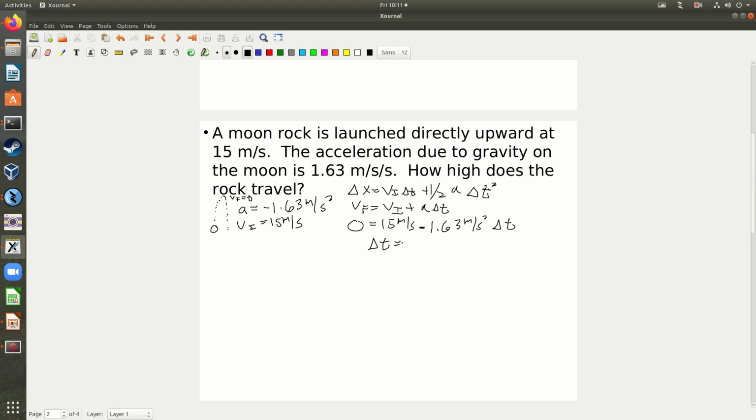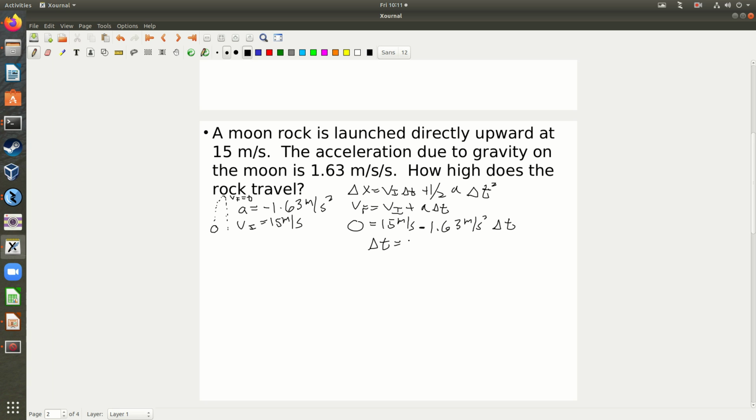This way we can solve for delta t. I got out my calculator: 15 divided by 1.63 gives me 9.2 seconds, which is pretty significant.